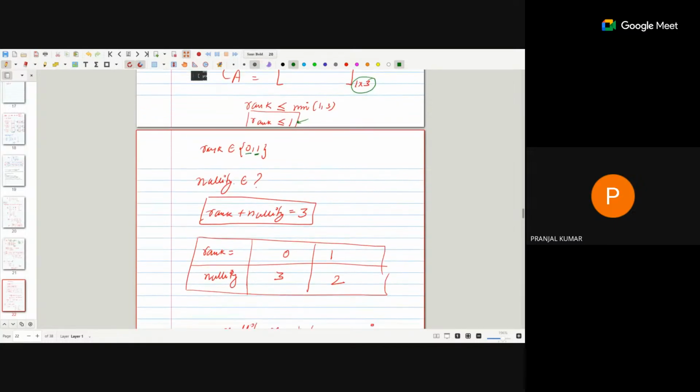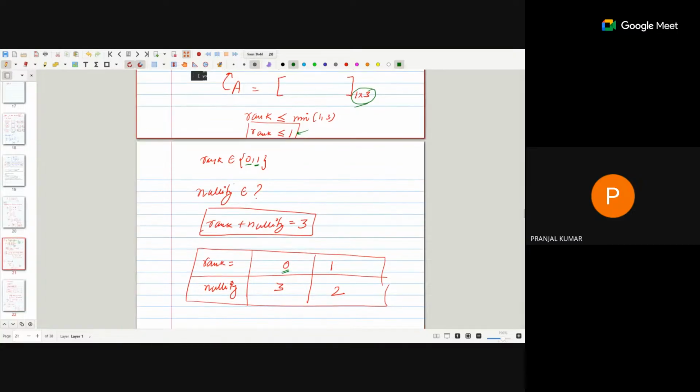Now, what is the nullity? We have to find it. Rank plus nullity is equal to 3. So for this matrix, rank can only take 0 or 1, and I have calculated the corresponding nullity for 0 and for 1. So nullity is 3 and nullity is 2.